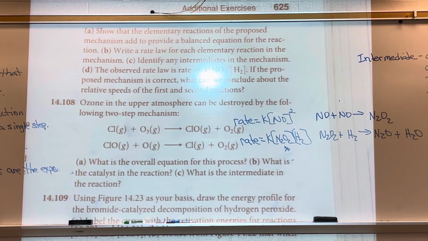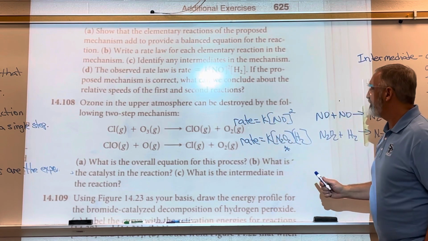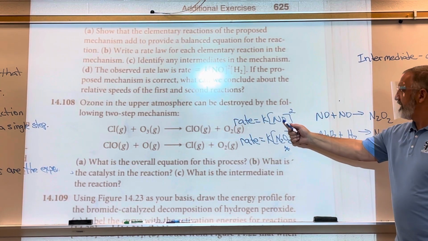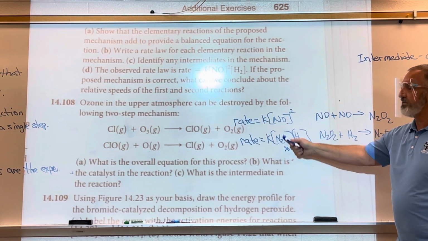But if this is the observed rate law, how's the only way we're going to get to that? Somehow or other, this is going to have to get substituted into there, right?